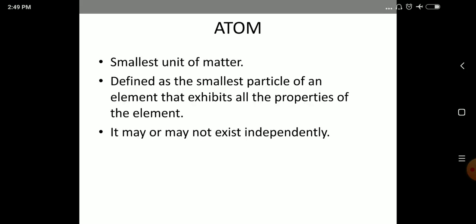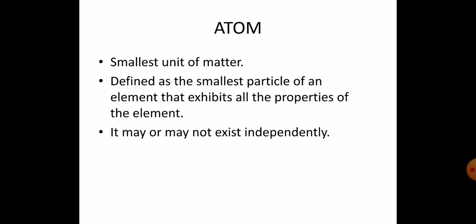The first one, what is an atom? We already know atom is the smallest unit of matter. It is the smallest particle which exhibits all the properties of the element, and it can or cannot exist independently. If it cannot, then two atoms of the same element will combine.